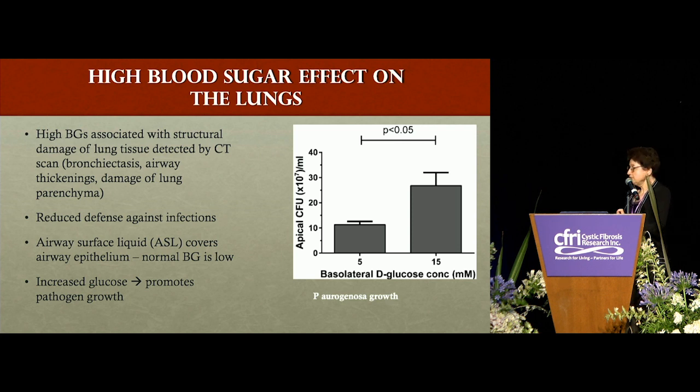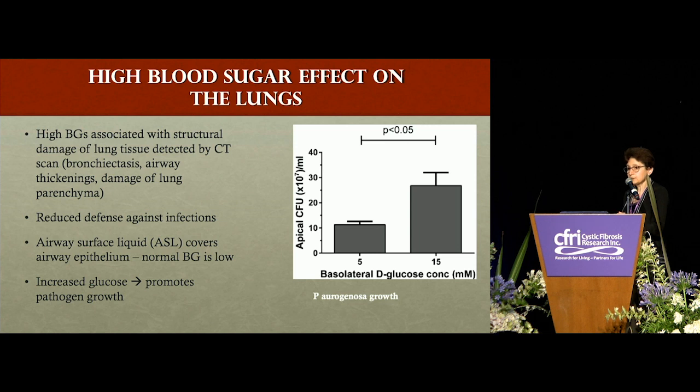There is a reduced defense mechanism against infections. There is a substance called airway surface liquid that covers the airway epithelium, and it serves as a protective layer against infection entering the lungs. This liquid functions well at low blood sugar levels.